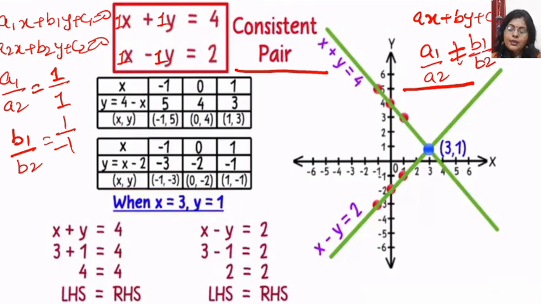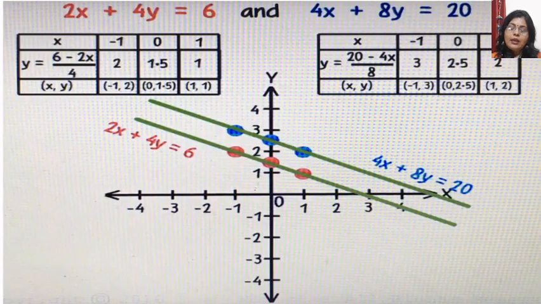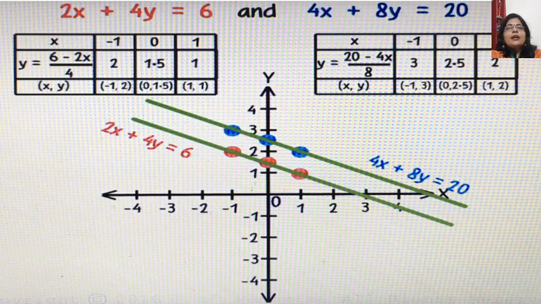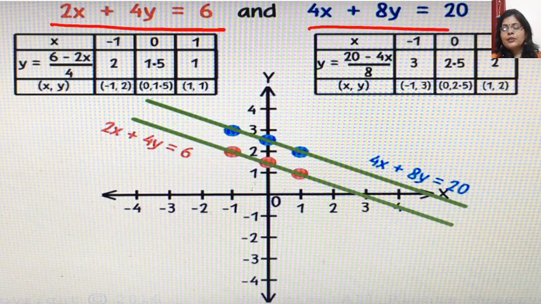Now let us come to the next thing. I have earlier said, the lines will either be intersecting, or parallel, or coincide. Now let us look into different types of equations. We have taken two equations: 2x plus 4y equal to 6 and 4x plus 8y equal to 20. In a similar way we have to find out.